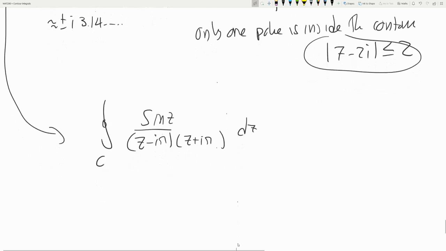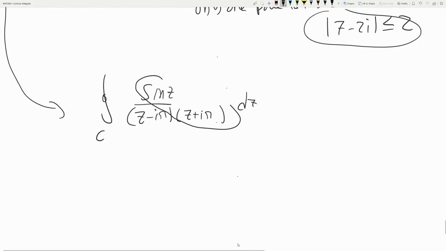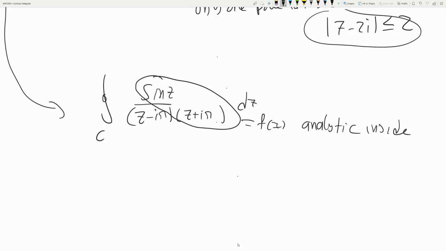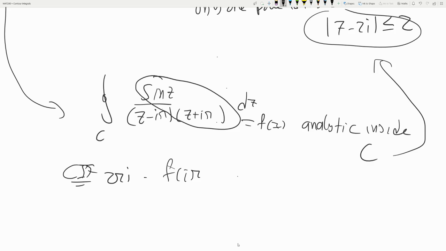Yeah, so this guy here is f of z because it's analytic inside C. So by the Cauchy integral formula, we have 2 pi i times f of, what is it, i pi.